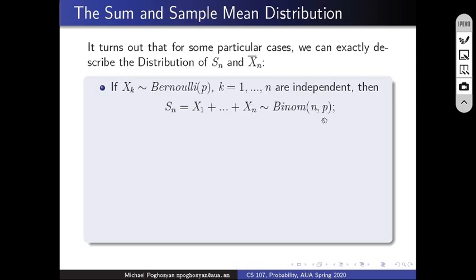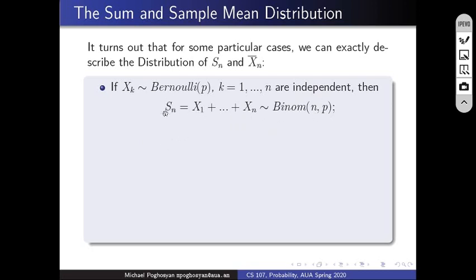We have used this. If we are doing n independent Bernoulli(p) trials, then the number of successes is binomial with n, p. And what about the distribution of Xn bar? Well, it can be found, but it will not be one of our standard distributions.